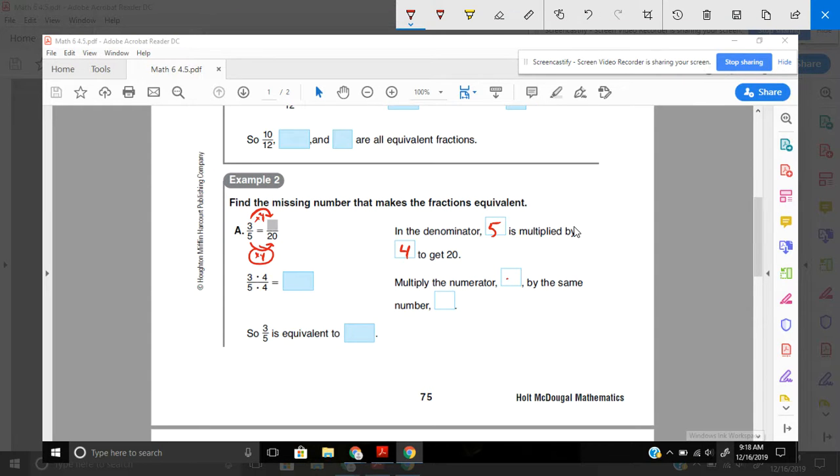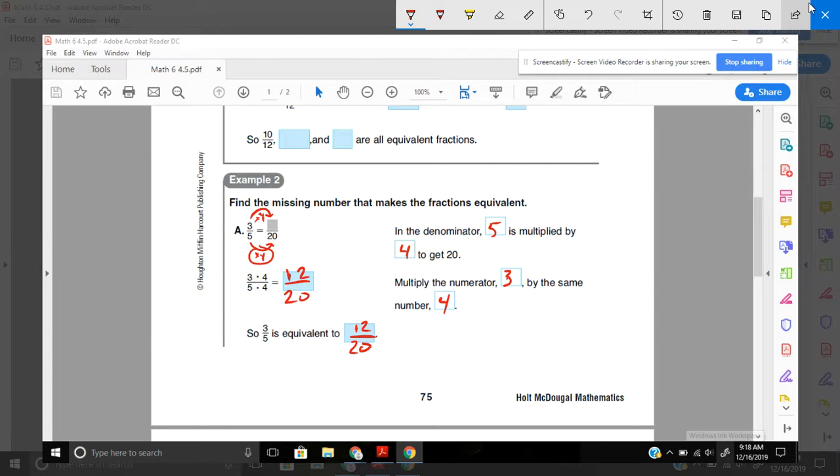So multiply the numerator, 3, by the same number, 4. Okay, and that will give us an answer of 12/20. So 3/5 is equivalent to 12/20, right?